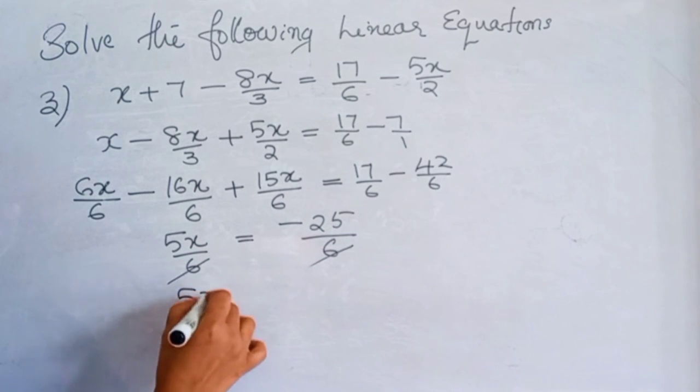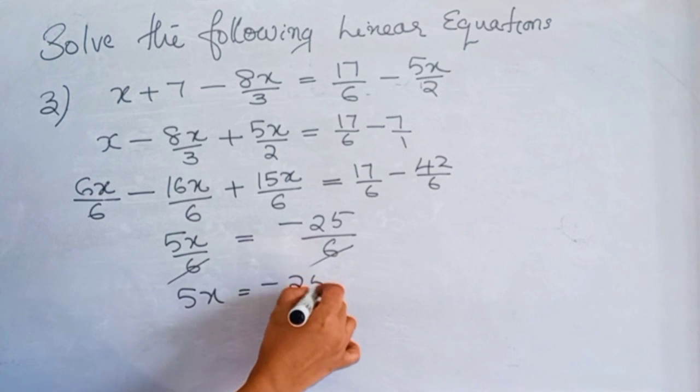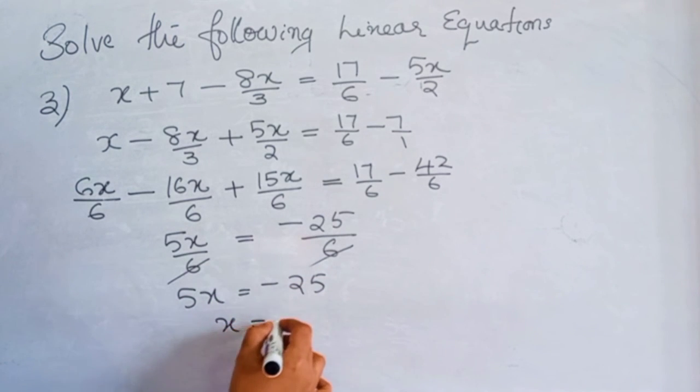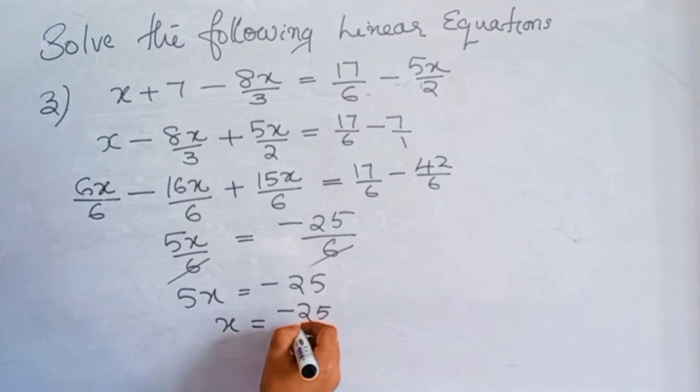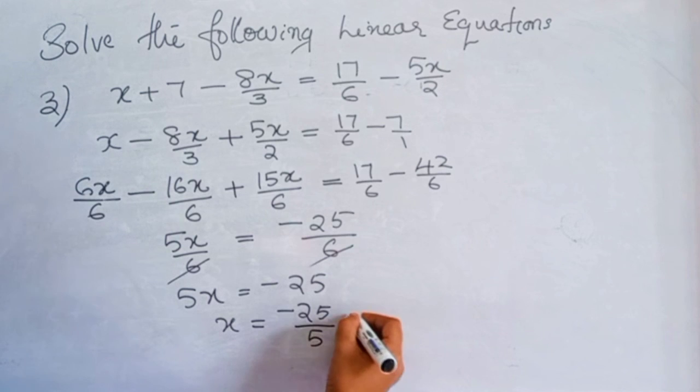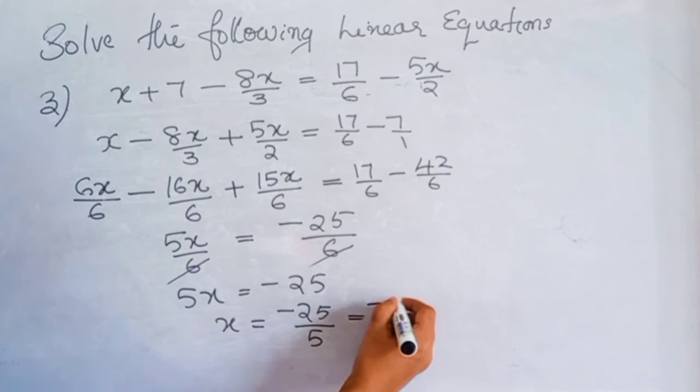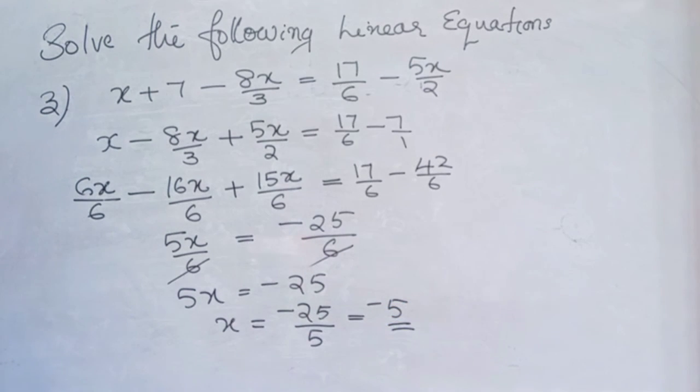So we got 5x equal to minus 25. Here it is multiplication, so when you take it to the other side, it becomes division. So minus 25 by 5 is equal to minus 5. So minus 5 is the answer here.